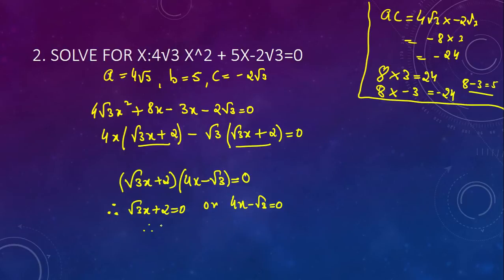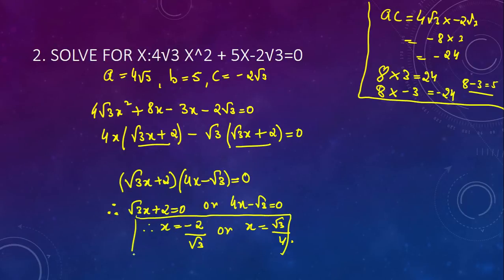Therefore, x is equal to minus 2 by root 3, or x is equal to root 3 by 4. This is the solution to this given quadratic equation. Right? So I hope it's absolutely clear how we solve this quadratic equation using the factorization method.